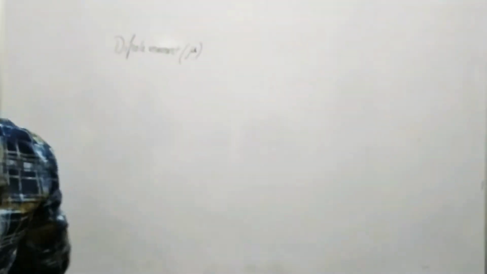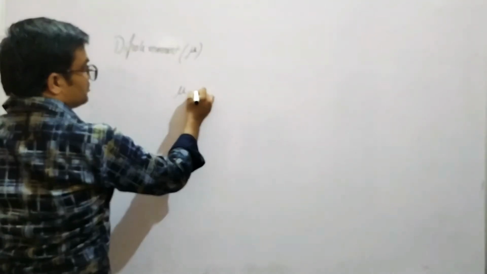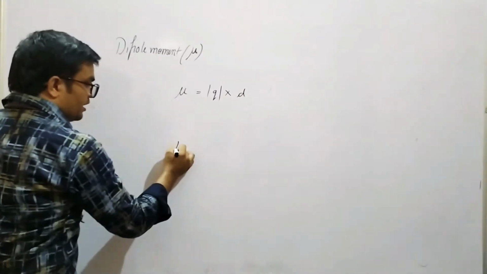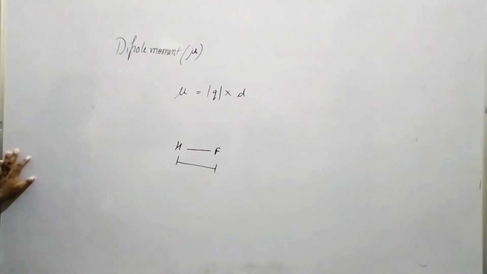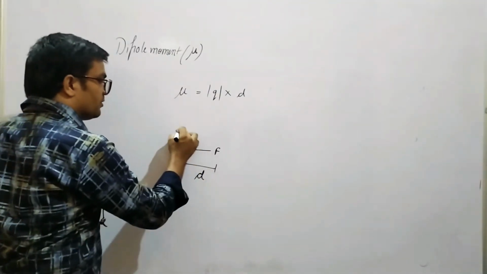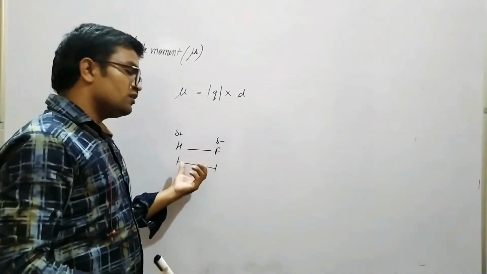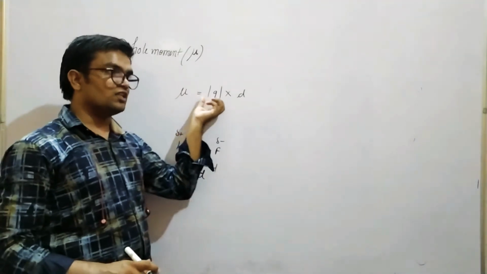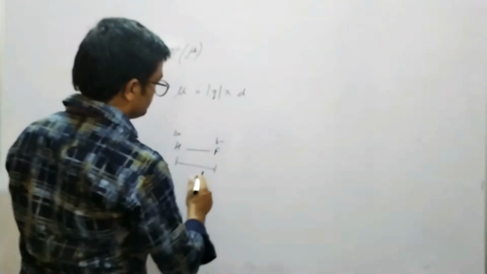If someone asks what is dipole moment, it is the magnitude of charge into distance. For example, in the HF molecule, the distance between the hydrogen atom and fluorine is d, and the charges developed are +1 and -1. The charge and distance are given in your exams, and hence nu is calculated. It is the multiplication of magnitude of charge and the distance between the two oppositely charged atoms.